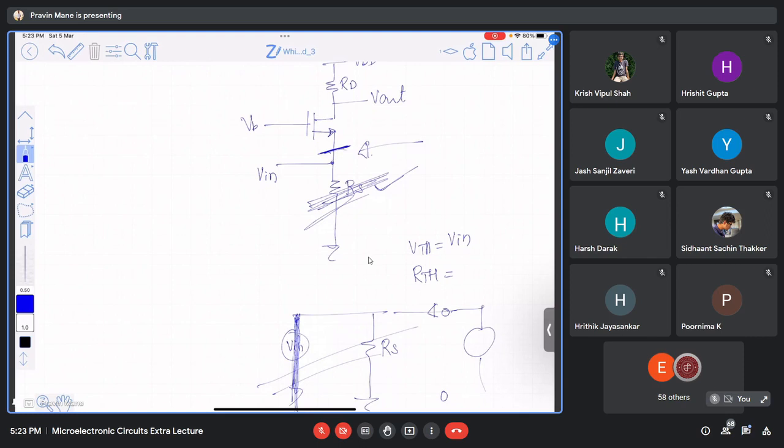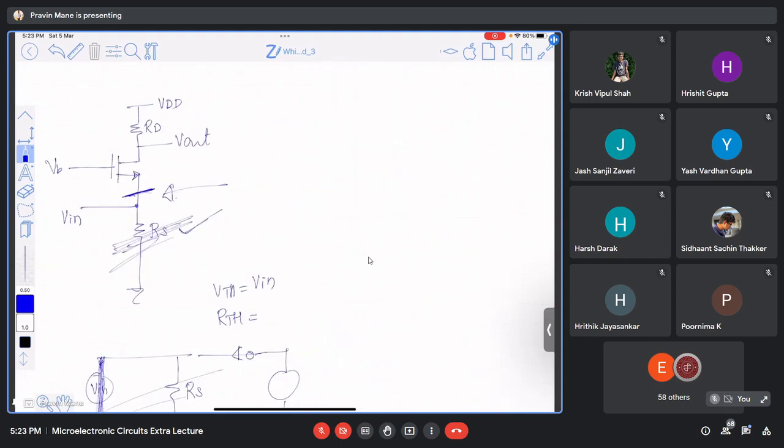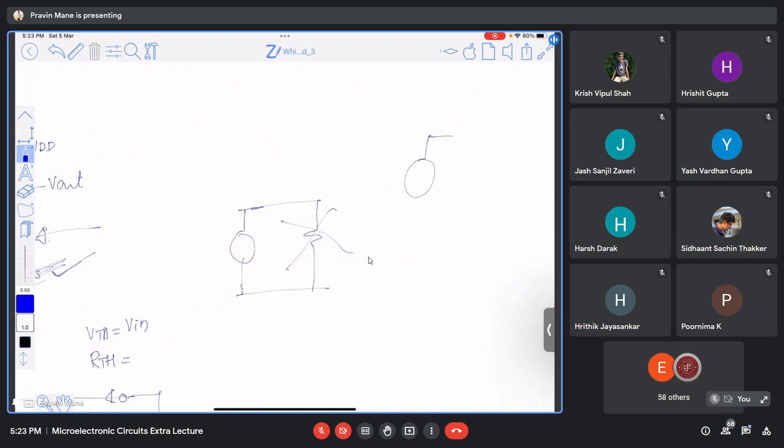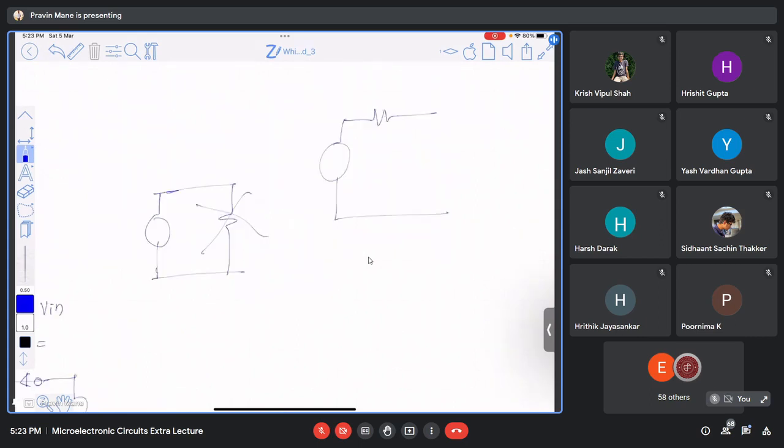Got the idea? You should always remember that when you have a voltage source, if you put any resistance across it, it is ineffective in the calculation. It is only for drawing current, but it is not going to be a part of the calculation. Similarly, when there is a current source, if you put any resistance in series with it, that is not going to play any part in the circuit.